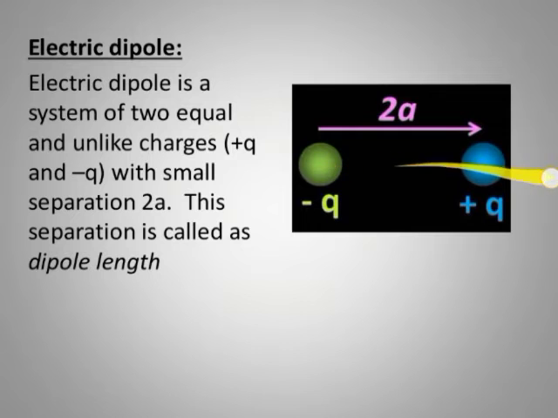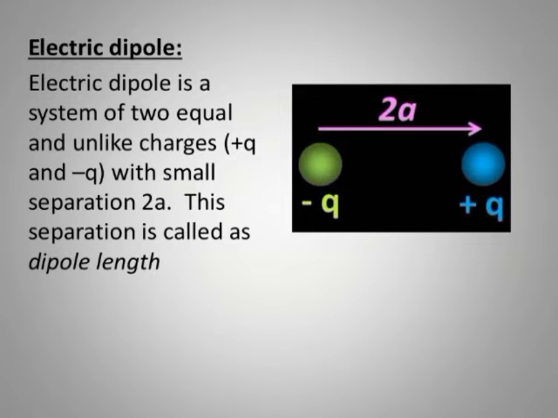So the distance is always 2a, and the direction is also given for the electric dipole. It is from negative to positive charge. It is just for our convenience, and this is called an electric dipole. It has two equal and unlike charges with a small separation of 2a.